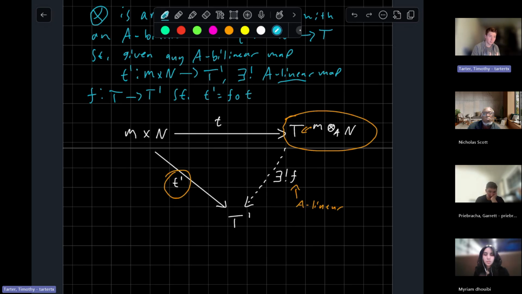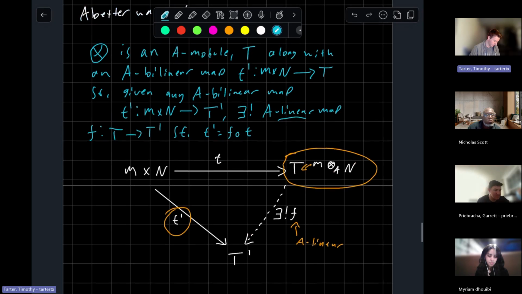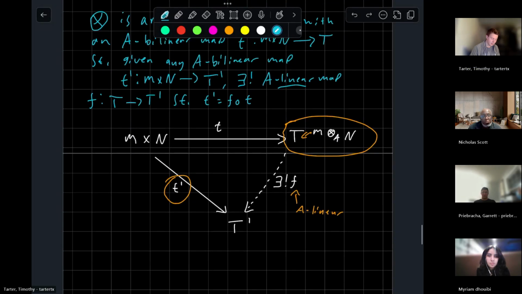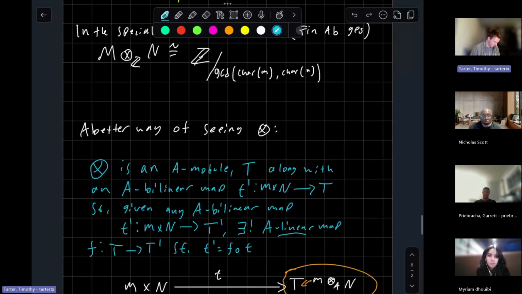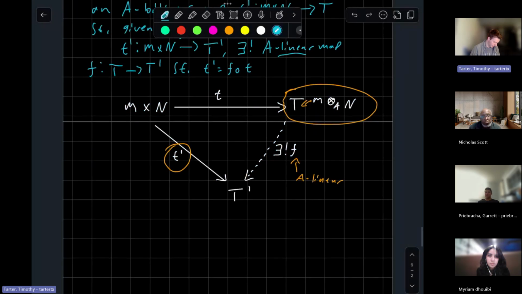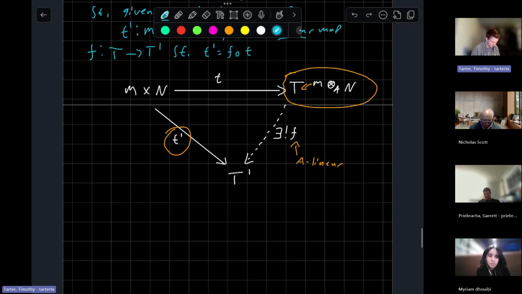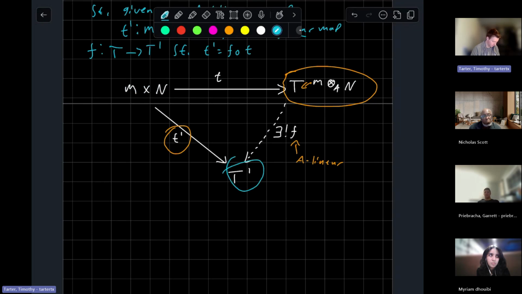At least in the cases that we care about for computing things, we want to show that this T prime is an A bilinear map that factors through F. I think the way to do that is to pick something in M cross N, send it through T prime to capital T prime, and then take that same thing in M cross N, send it through the map T, pass it through the map F, and show that we get the same thing.